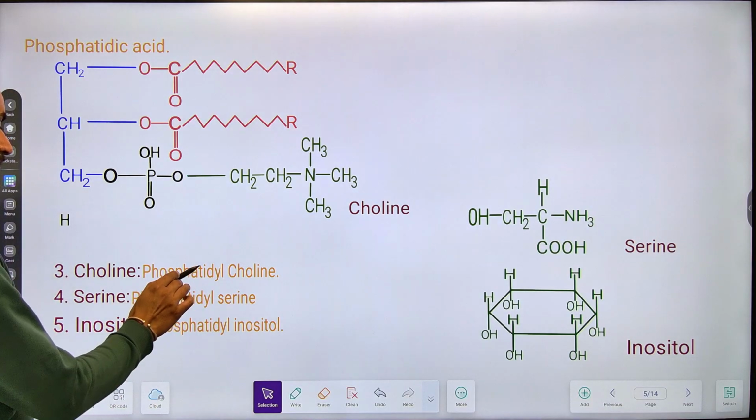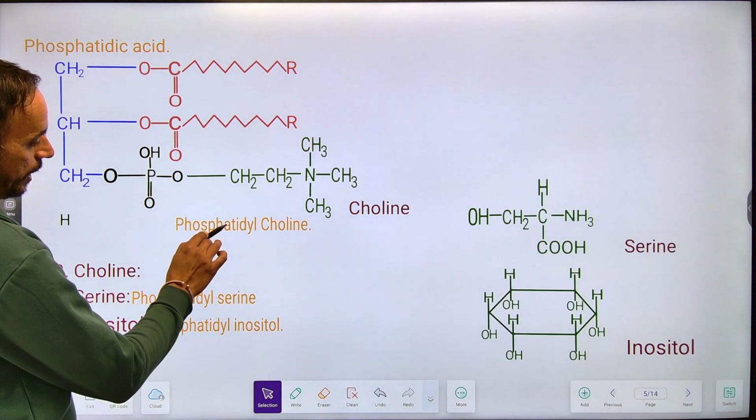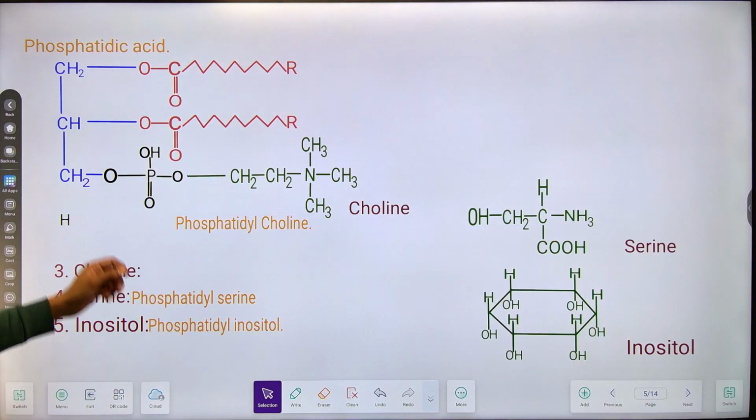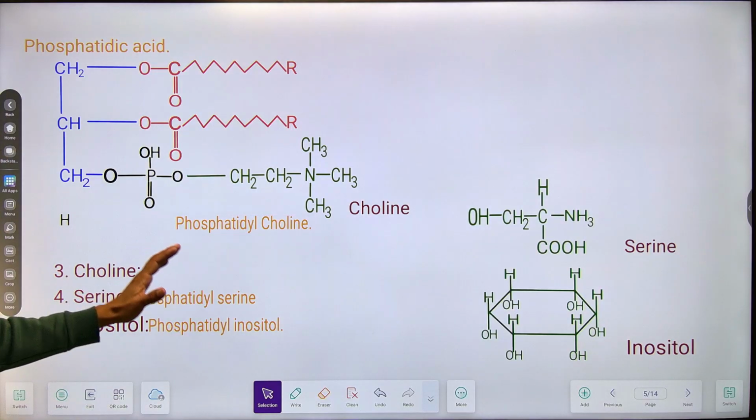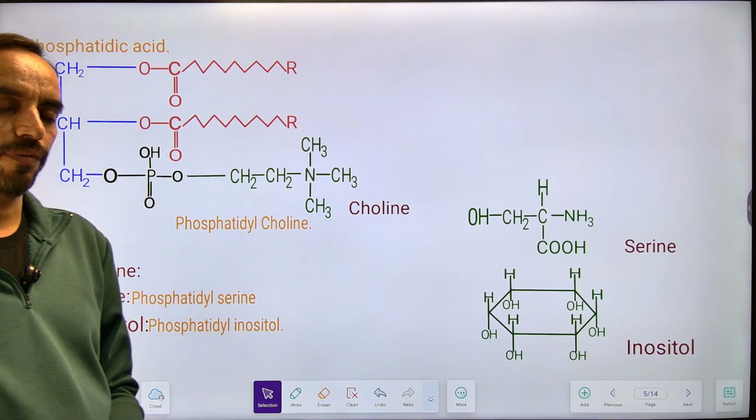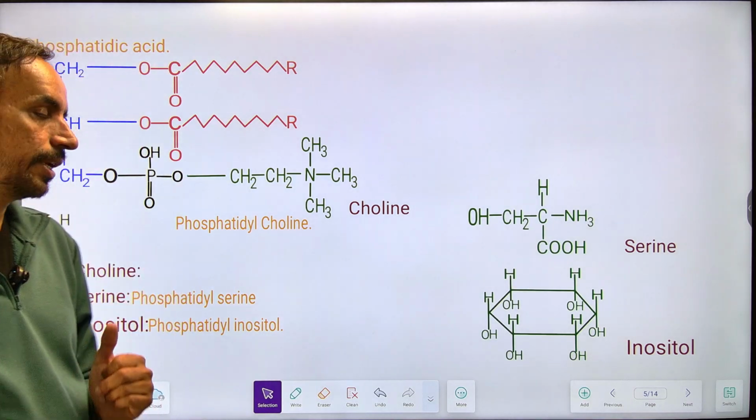The structure is now known as phosphatidyl choline, which is another type of glycerol phospholipid.